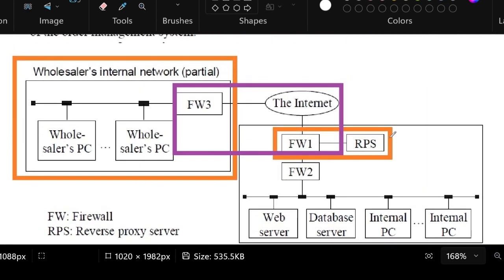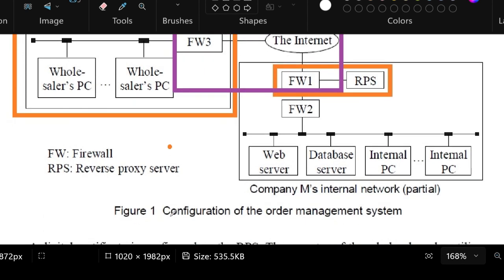If we look at the diagram, the wholesaler's PC is in this portion of the system, and from the description we learn that if the wholesaler's PCs want to access the server, they have to go through the firewall and then to the internet and then to the web server, which has its own firewall, and the RPS, which here is the reverse proxy server.